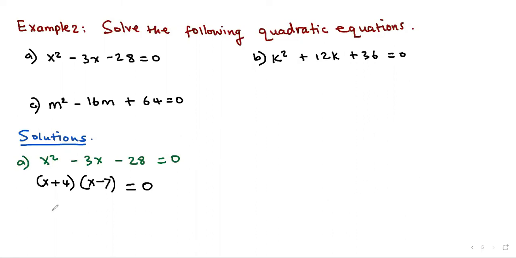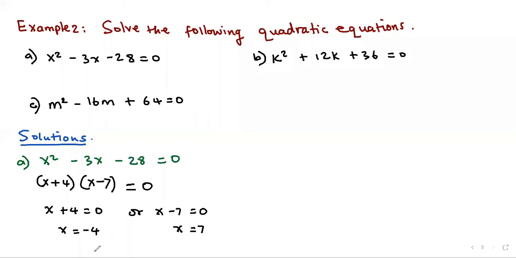Okay, so here I can say x plus 4 equals 0, or x minus 7 equals 0. If x plus 4 equals 0, what is x, student? Negative 4. Very good. And if x minus 7 equals 0, what is x? 7.